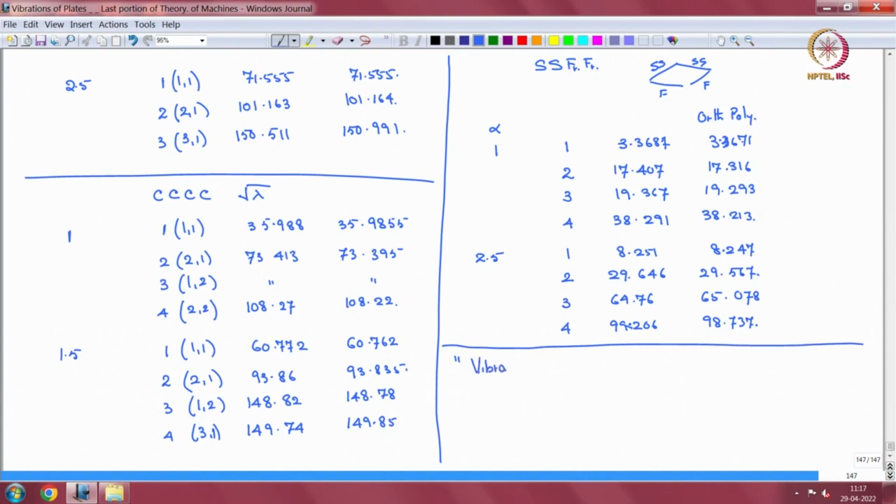Vibrations of circular plate with multiple eccentric perforations by Rayleigh Ritz method.